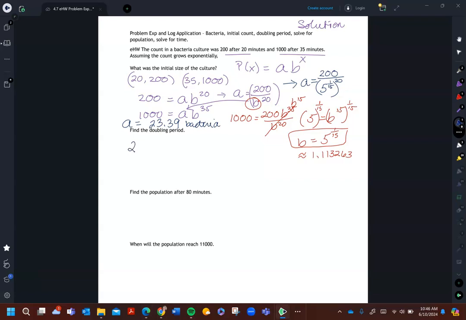So 2 for my end population for the P of X. And then I'm going to put in 1 for my A, and then I put in my B, which is 5 to the 1/15th, and then I need to raise that to the T.